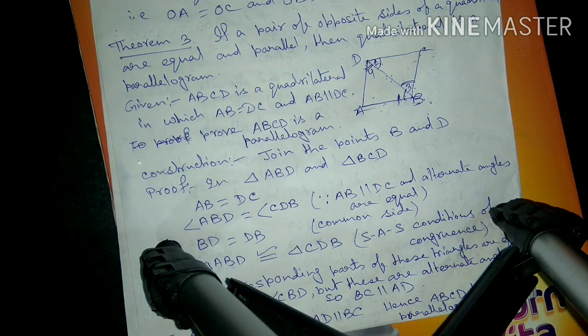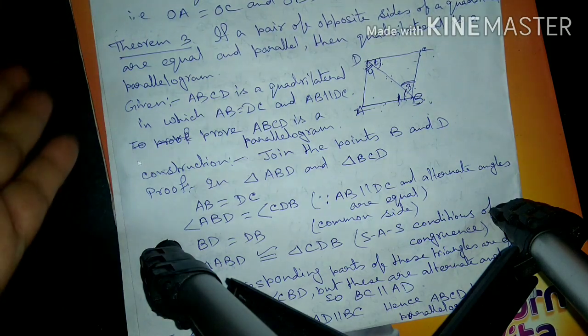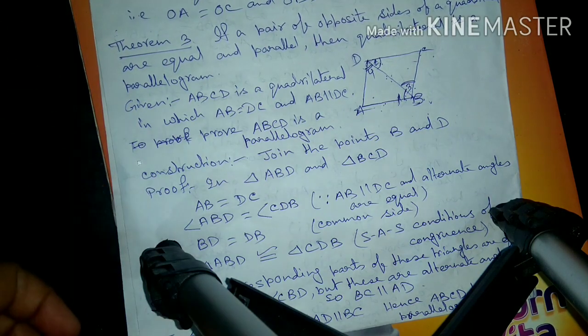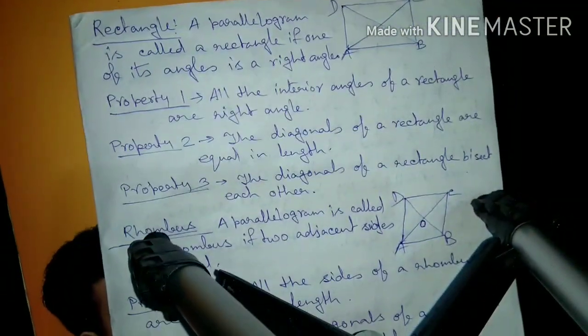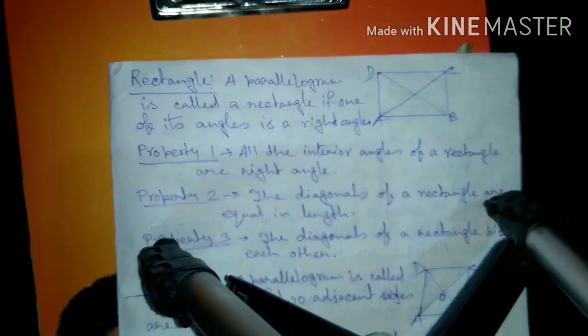Okay. In a theorem, the question will be given. So to prove that, somewhere you need to construct, somewhere you may not need to. And then from whatever is given we need to find the rest. These are the main three theorems of parallelogram. Okay. Next come to your rectangle.